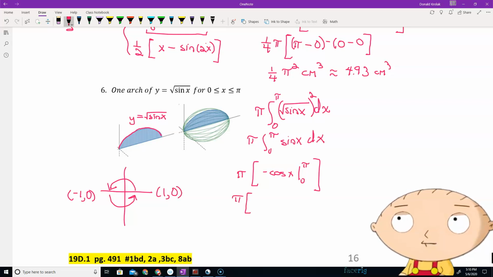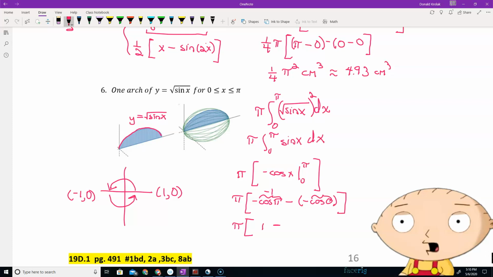So we will have pi, substitute in. Okay, this is negative 1, which is now positive 1, minus. This is positive 1, so I got negative, negative 1, which would be plus 1. And I end up with 2 pi cubic units.